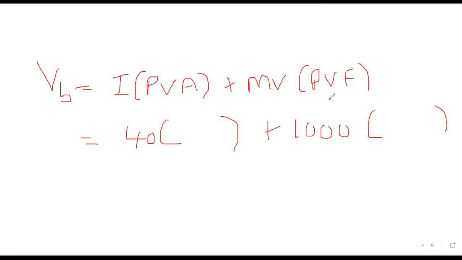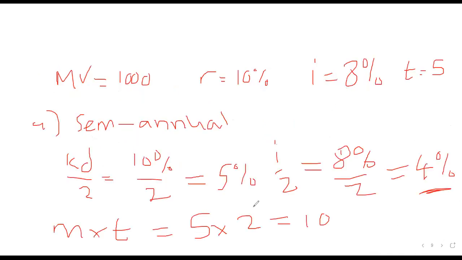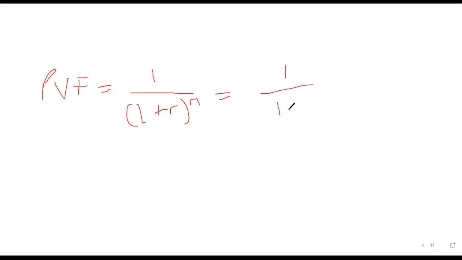Now we need to calculate the interest factor. So the interest factor will be using the 5% and the 10 periods. So I love it when you know how to calculate the manual way. This one will save you. You'll thank me later. So 5% and 10 periods. So quickly, here we have 1.05 to the power 10.